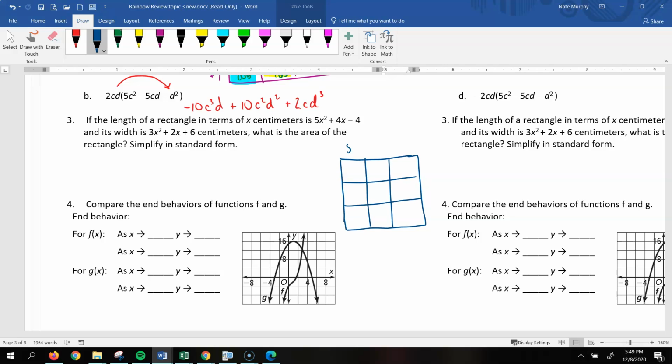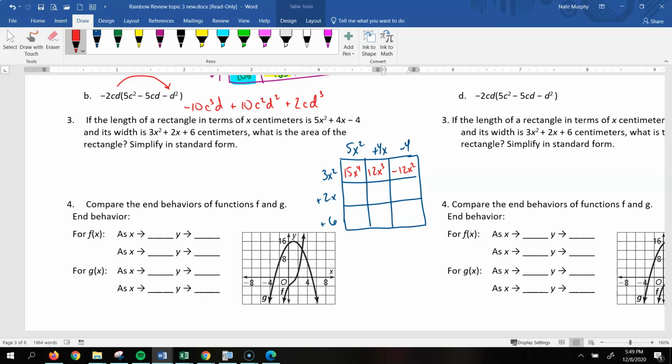So I'll put the 5x squared plus 4x minus 4 on the top, and on the side I'm going to put 3x squared plus 2x plus 6. So when we multiply these together, we get 15x to the 4th. 3x squared times 4x would be 12x cubed. 3x squared times negative 4 is negative 12x squared.